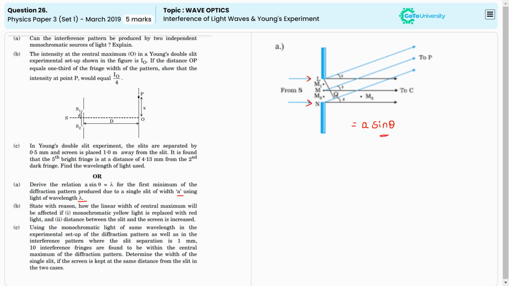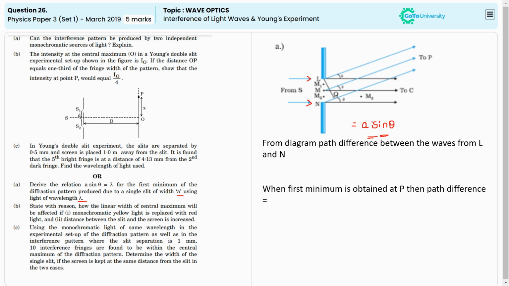Then when the first minimum is obtained at P, the path difference is equal to lambda. That means the path difference between the waves from L and N is a sin theta, and when the first minimum is obtained at P, this difference is equal to lambda.